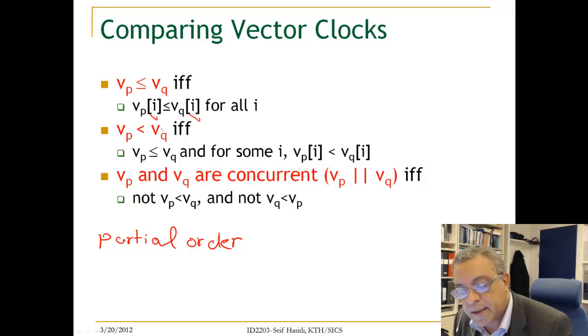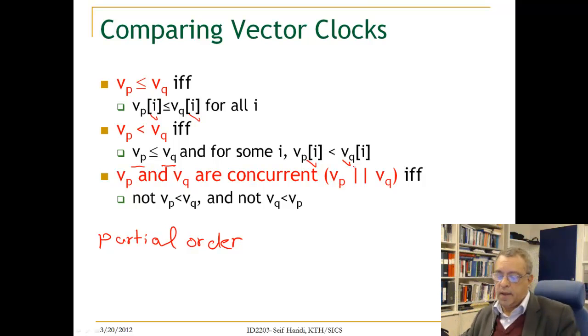VP is strictly less than VQ if some elements are the same, but some elements in VP are strictly less than the corresponding elements in VQ.